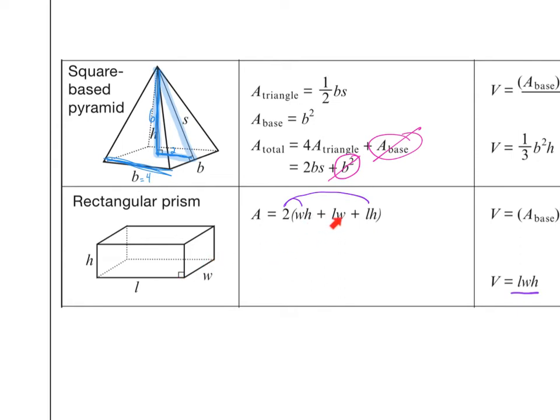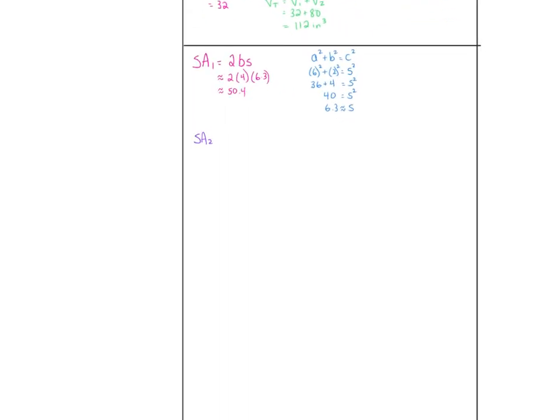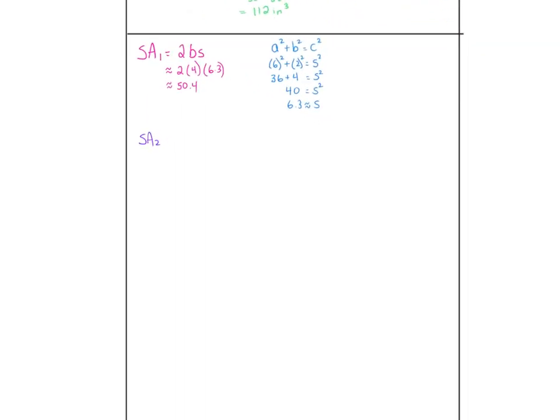So that means the length and the width does not get multiplied by 2 because you don't have the top. So it's going to be 2 times the width times the height plus just 1 times the length times the width plus 2 times the length times the height.